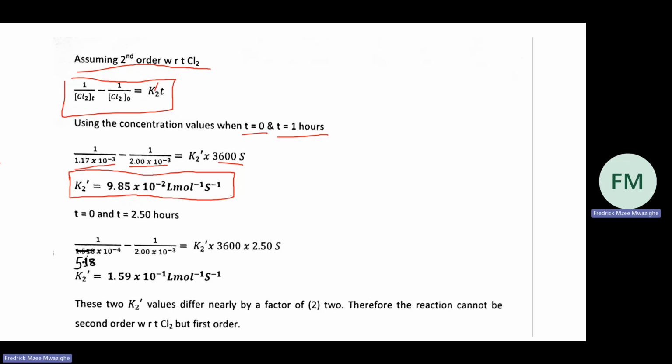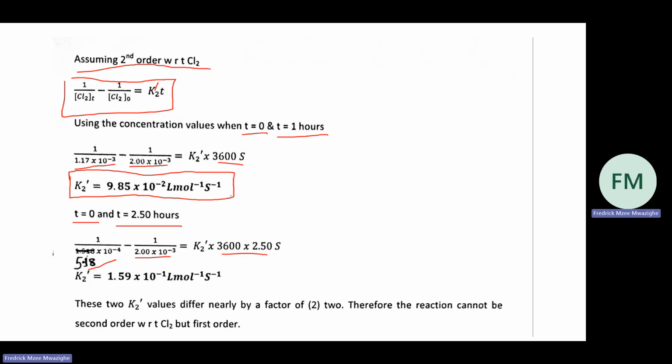Then we also use the data for T equals 0 and T equals 2.5 hours and find out what value of K2 prime we get. If you check, this here is the concentration at T equals 2.5 hours, and this is the initial concentration, and this is the time in seconds after 2.5 hours.